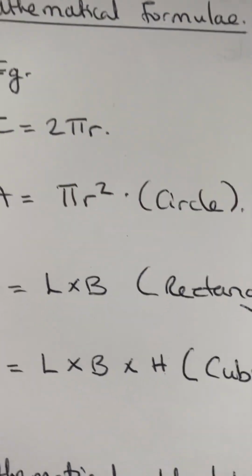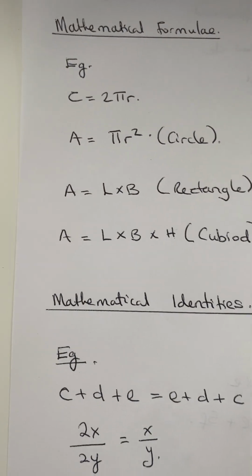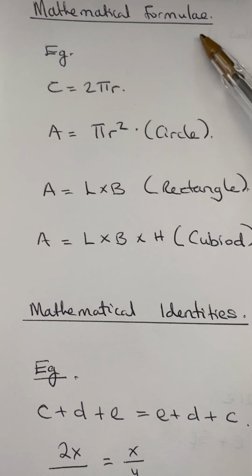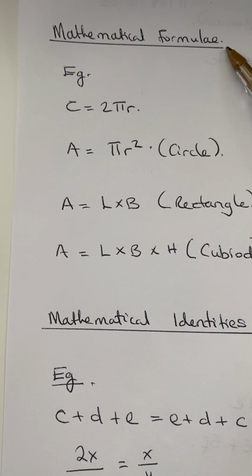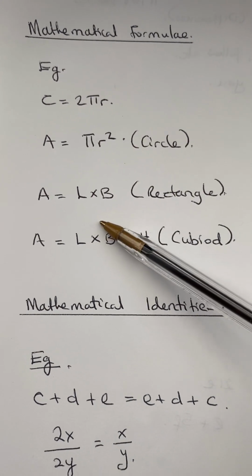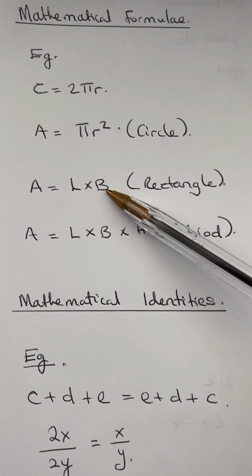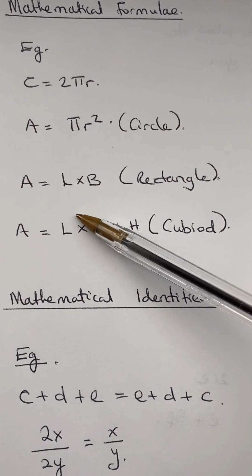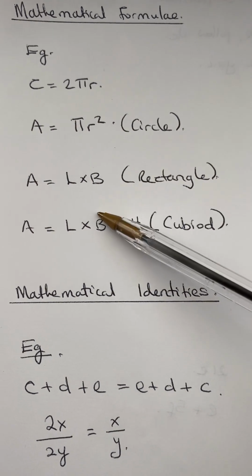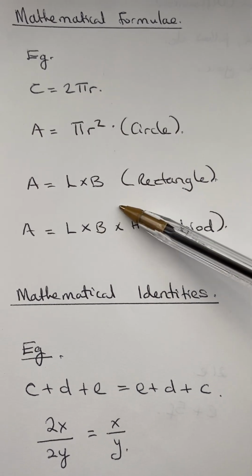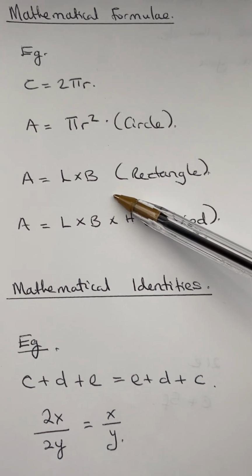Now we have mathematical formulas, and even in primary school you should know that, because you can find the area of a cube or the area of a rectangle. These are the simple things you learn from primary school.